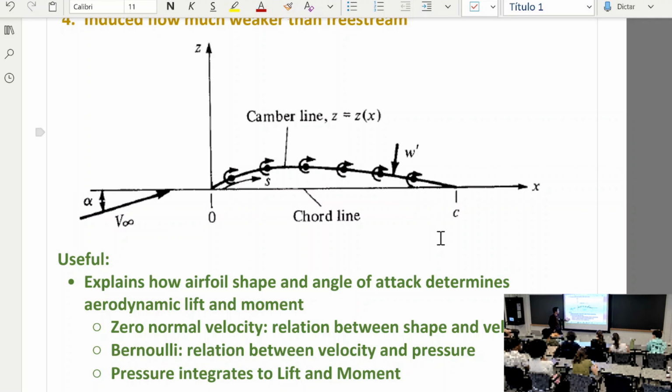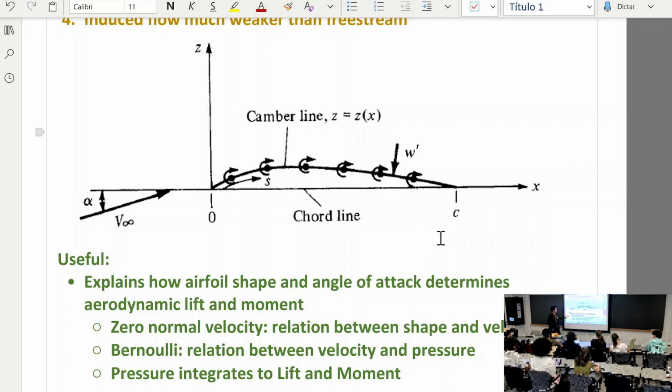And that gives you a relationship between the shape, which determines the angle of the wall normal, and the vorticity or the circulation, right. Once you determine the circulation, you get the velocity, because the velocity is induced from all the circulation plus the free stream.